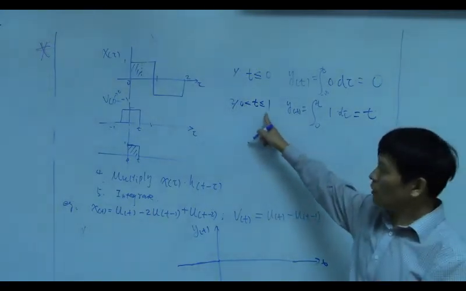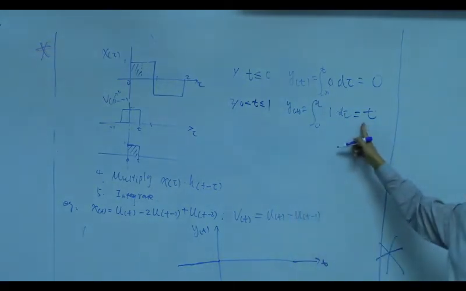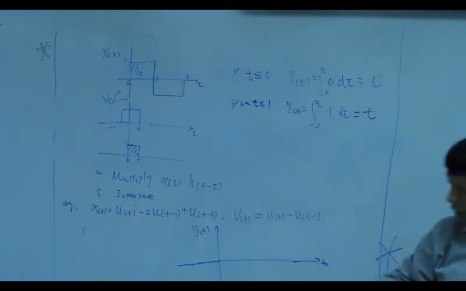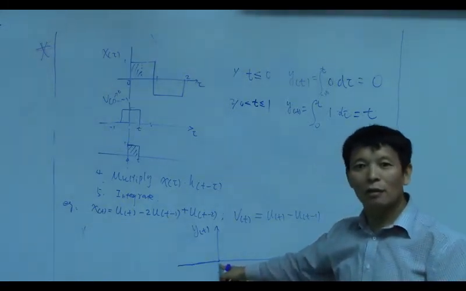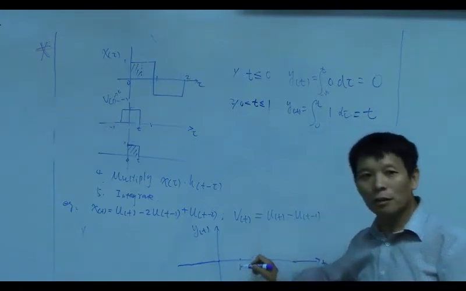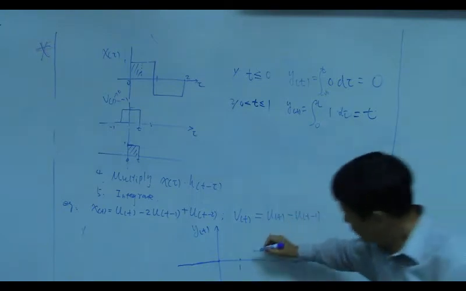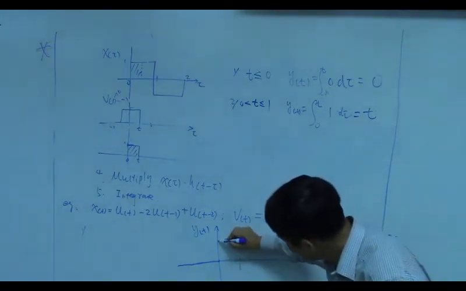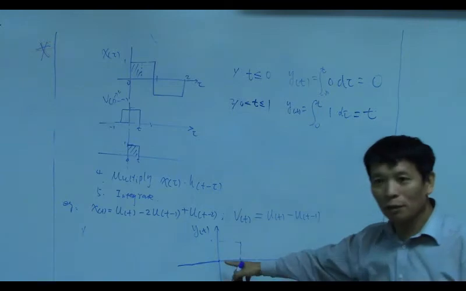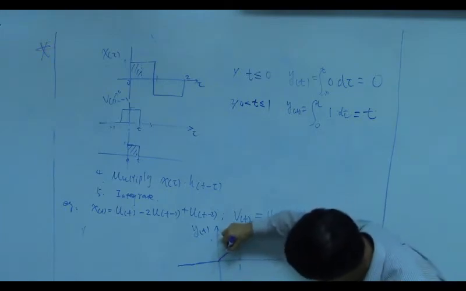And when t is between 0 and 1, that is just t. So when t equals 0, the output equals 0. When t equals 1, the output equals 1, equals t. So it will be here. In between, that is a straight line. That is what the output looks like.